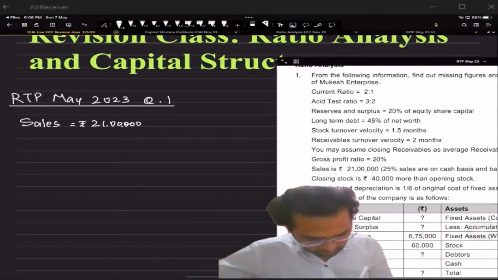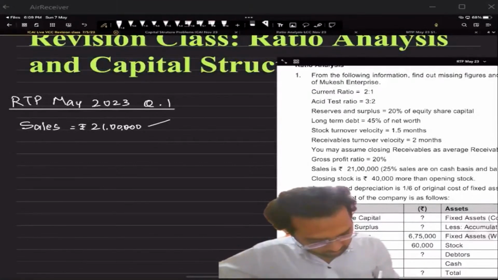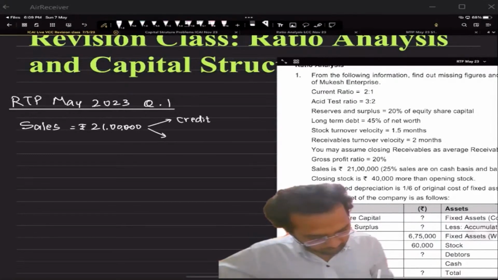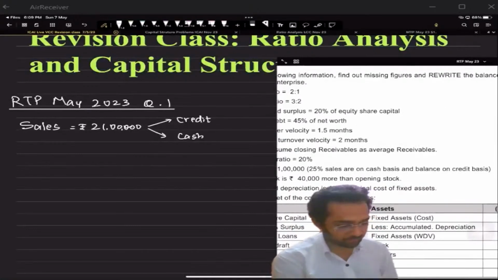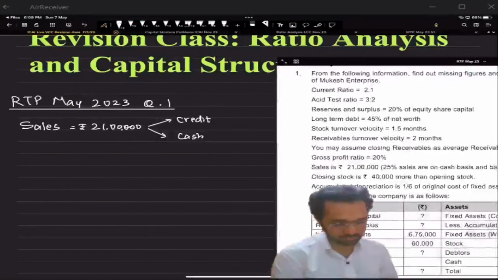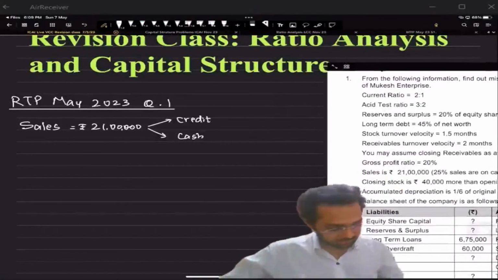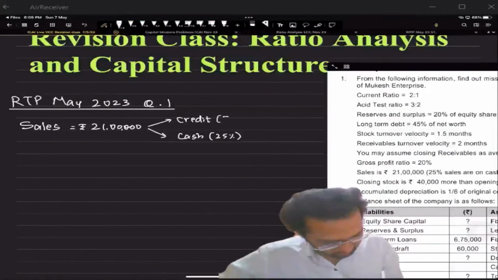From this sales, we will definitely say that there are components as credit sales and cash sales. The question says that cash sales is 25% of the total, and the balance is on credit sales.